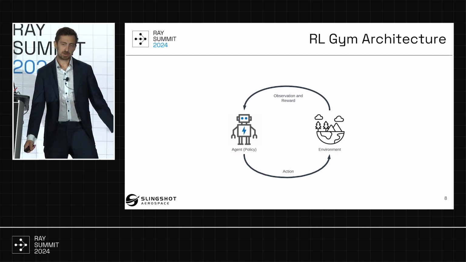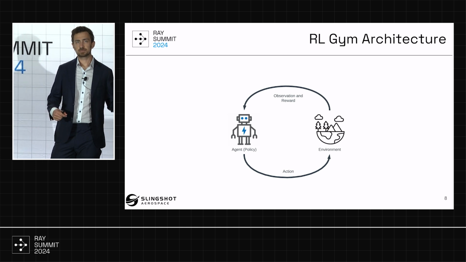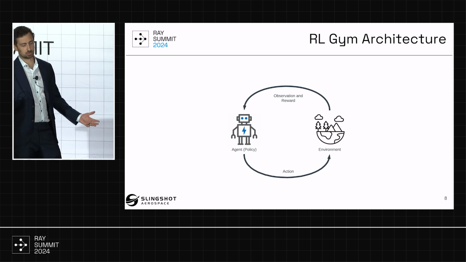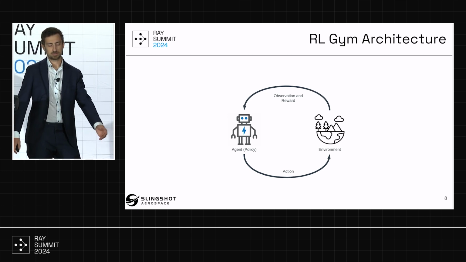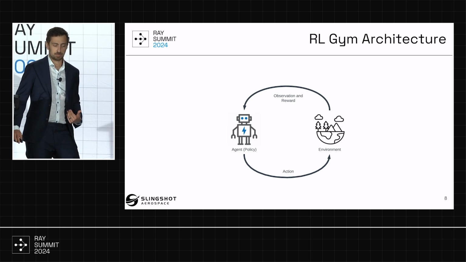So I want to talk a little bit about our gym architecture and how that enabled this modular training that I was talking about earlier. This is the traditional RL gym architecture, where you have this feedback loop of environments providing observations and rewards and receiving actions back in turn.